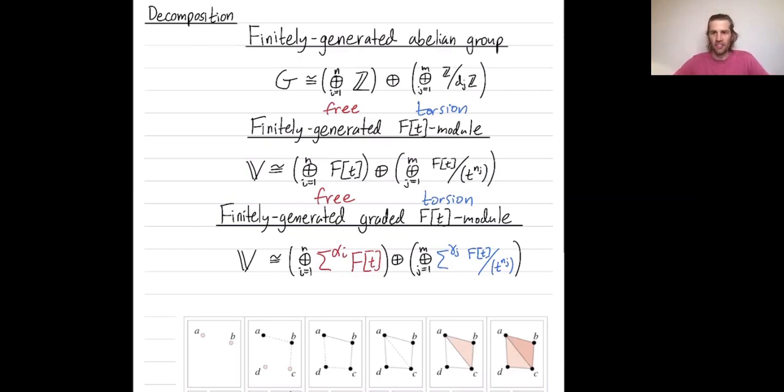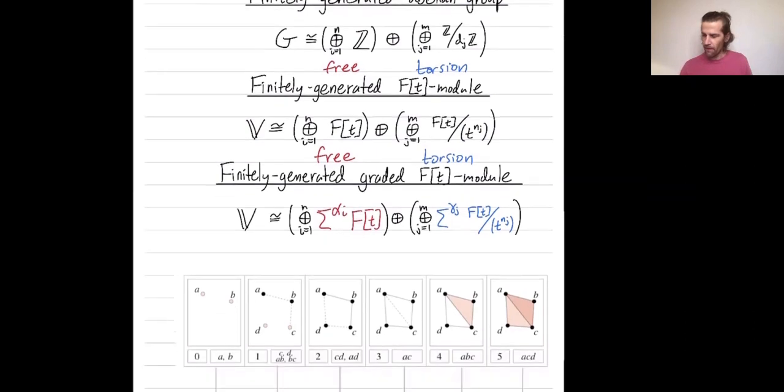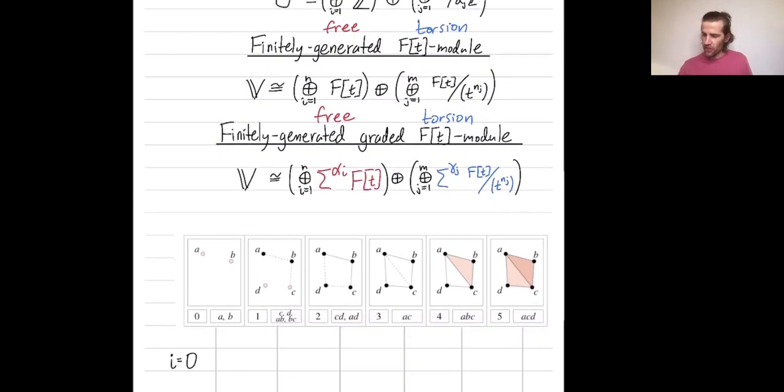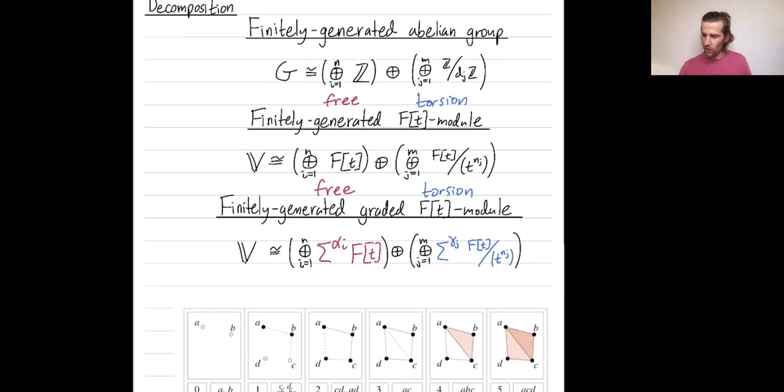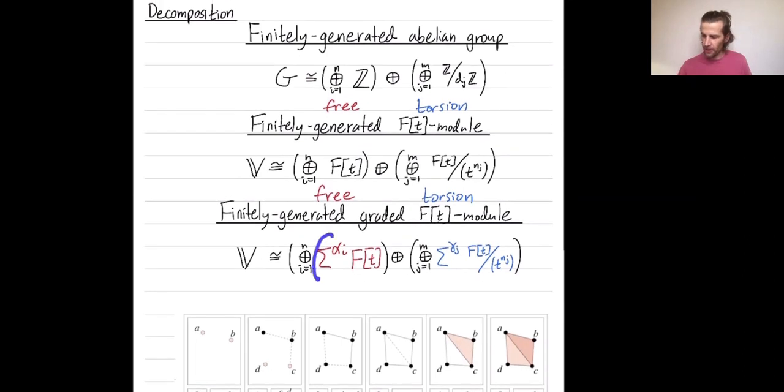Okay. Persistence modules are in equivalence with finitely generated F adjoin T modules, where the change here is the grading. The grading gives these shifts, okay? So sigma here means shift over to the right by some amount, alpha i. And same thing, sigma here means shift over to the right by some amount, gamma j.